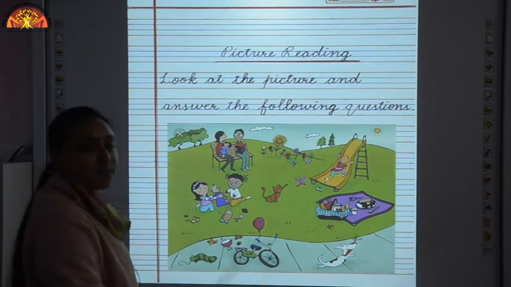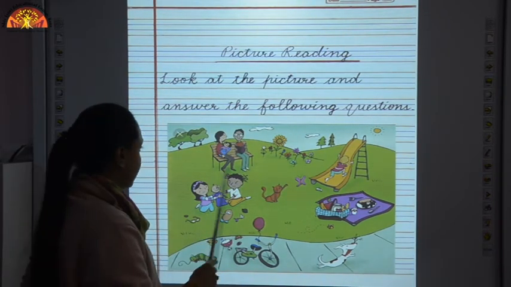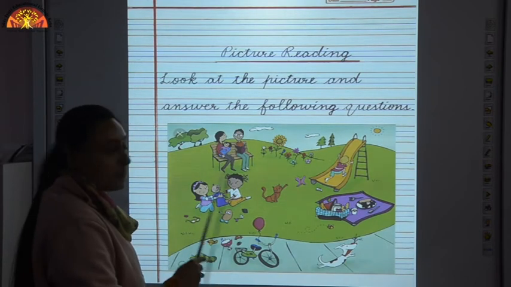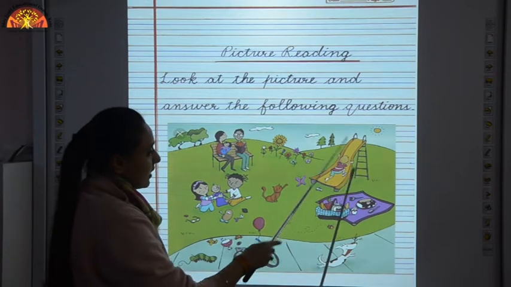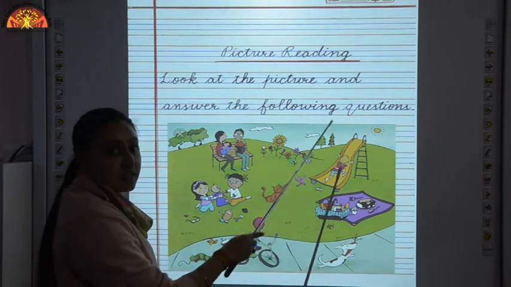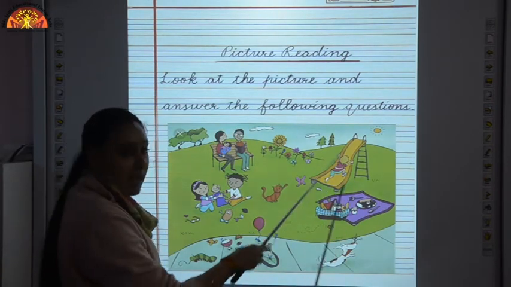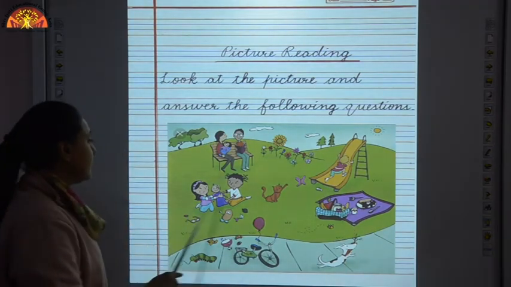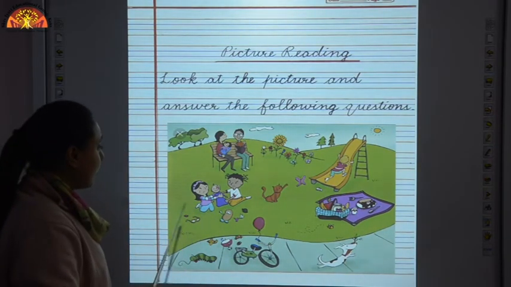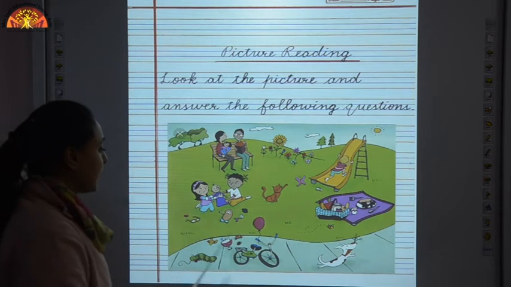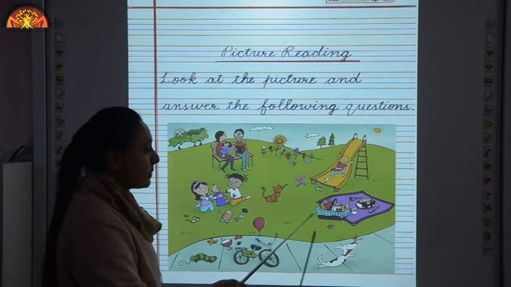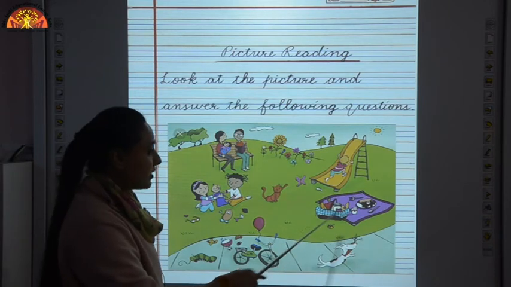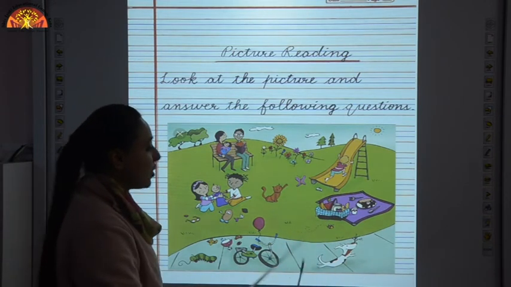So look over here, what can you see? It is a beautiful sunny day. There are mother and father with a baby on the bench. One boy is here, okay. What is he doing? He is trying to slide, okay. And here you can see one boy and a girl with a doll. Cycle is over here, cat is there, there is a picnic basket with a mat lying on the grass. Then there is a dog.